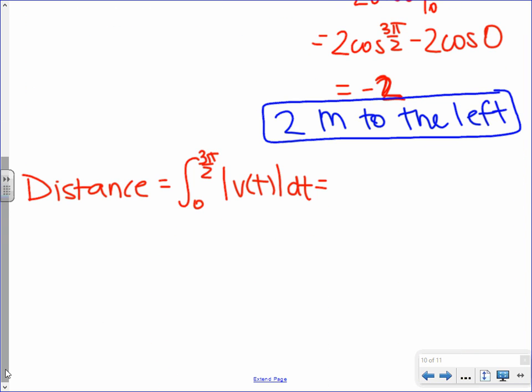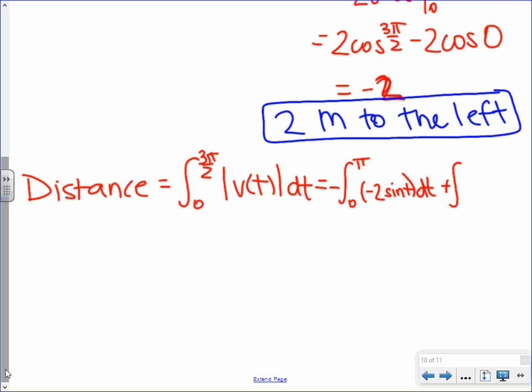2 integrals. From 0 to pi, what kind of velocity did we have? Negative. Since we have negative velocity, we know we're going to get negative area under the curve. We want it to be positive, so we're going to put a negative out in front to cancel it out.